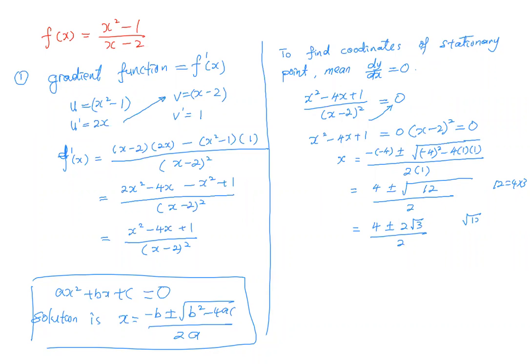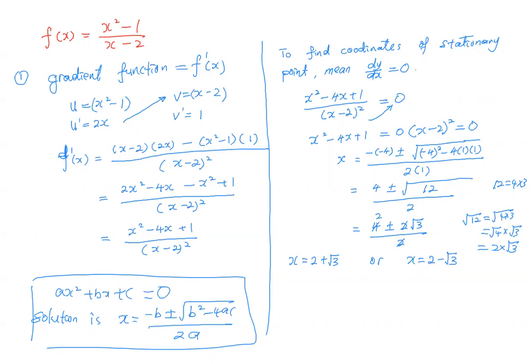Root 12 is root 4 times 3, is root 4 times root 3, which is 2 times root 3. So cancel off. Therefore your x is 2 plus root 3, or your x is 2 minus root 3. So this is how you get the x coordinate exact value.